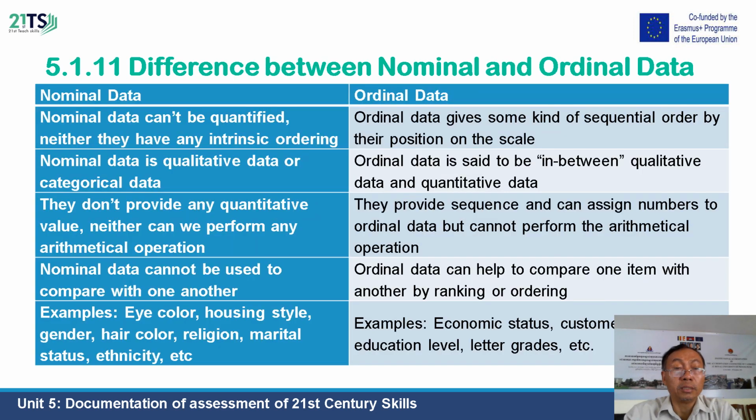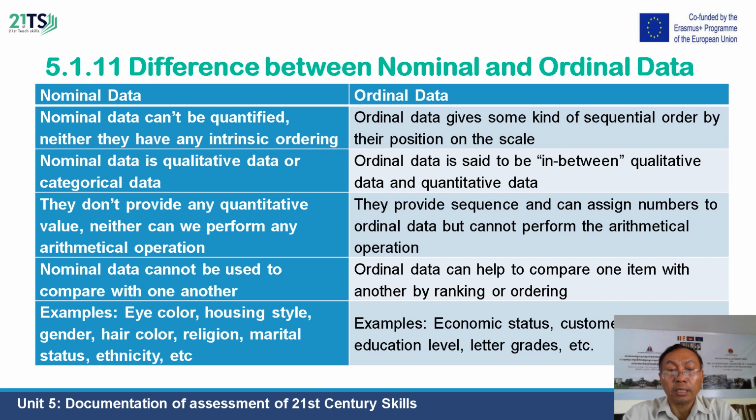Here's a comparison between nominal and ordinal data. The table shows the differences between nominal and ordinal data. Nominal data can't be quantified, nor do they have any intrinsic ordering.